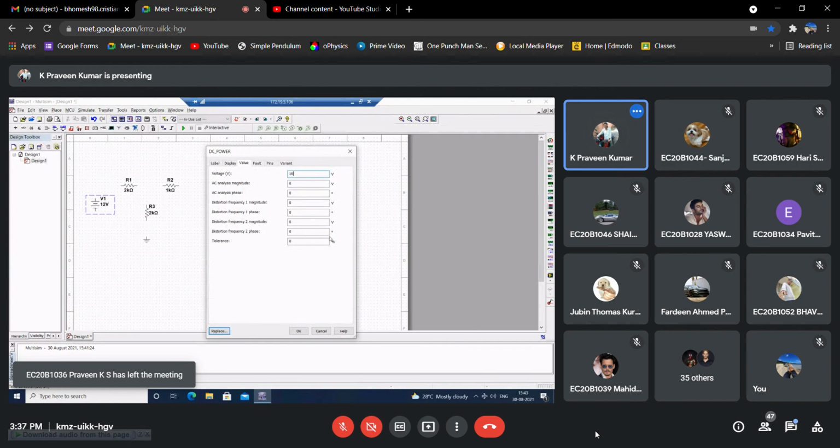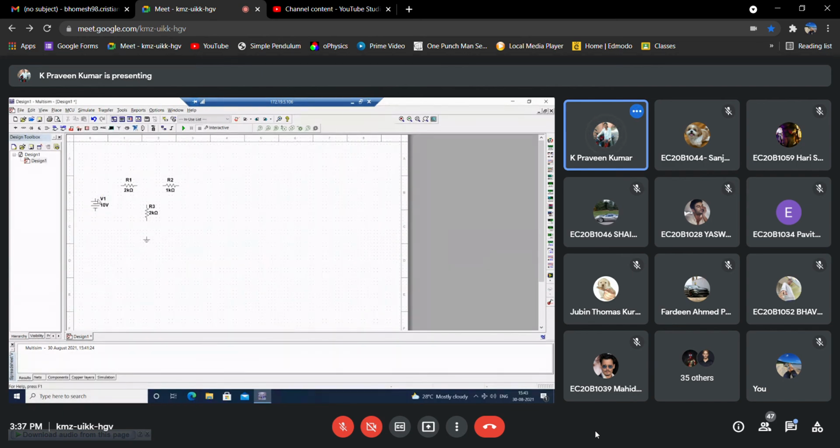V1 is 10 volts. So this is our network. This is my terminal A and this is my terminal B.